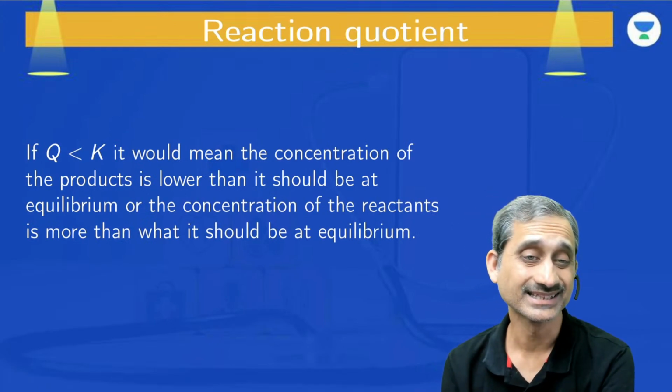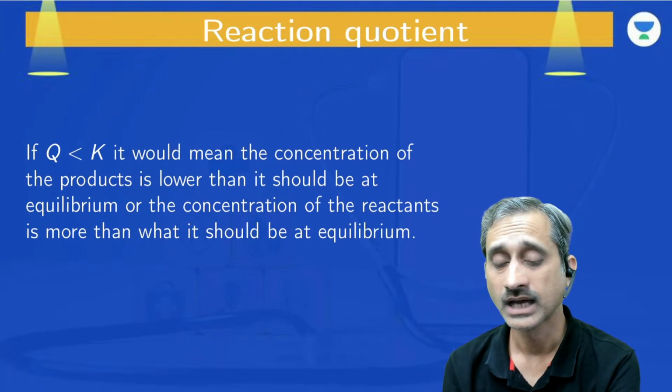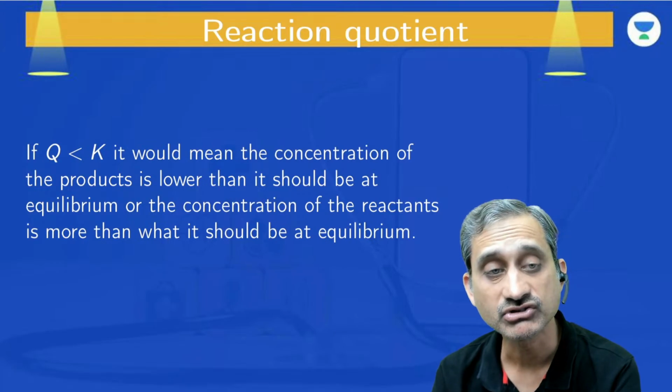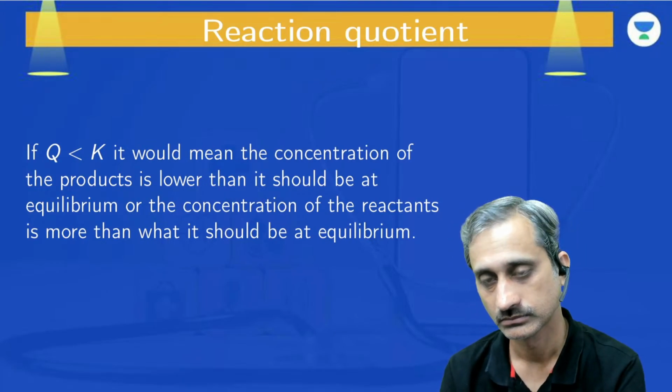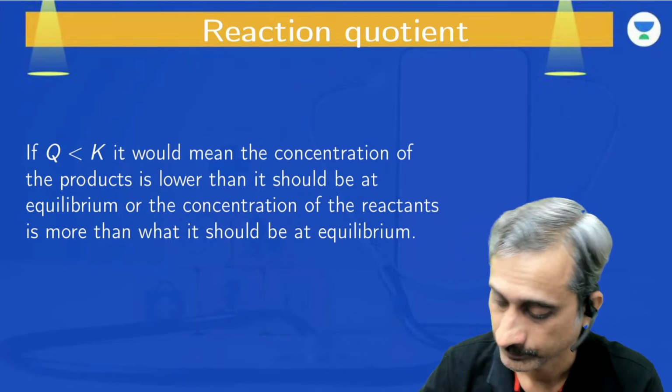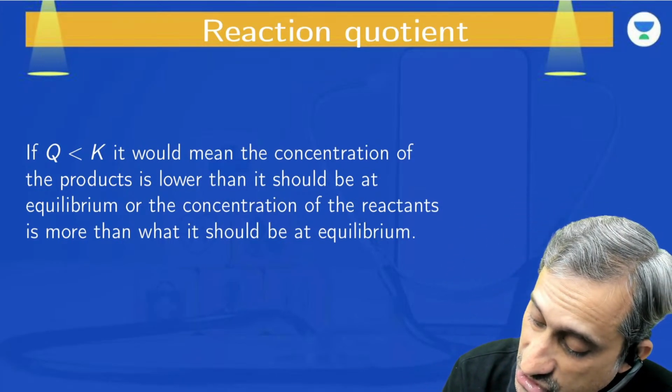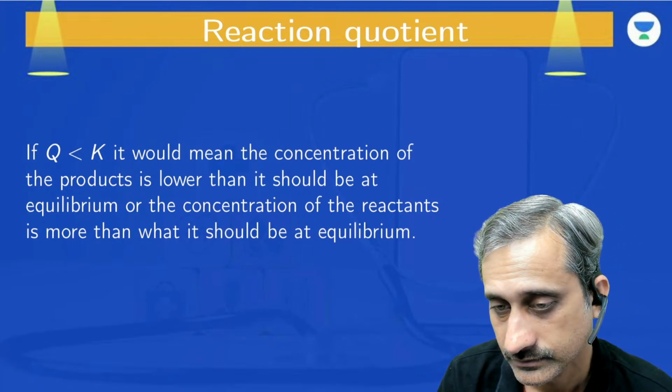Now, if Q is less than K, at this point the concentration of the product is lower than what it should be at equilibrium. So the reaction shifts towards products.